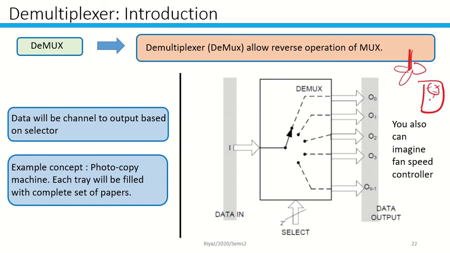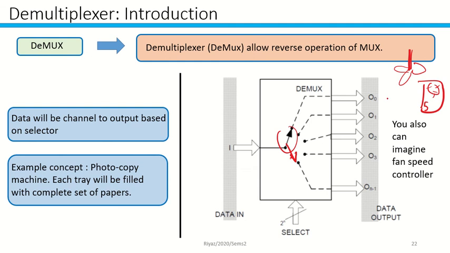So you can select, I need a very high speed. Let's say you set number 5. So this will change to this part, and then your speed will be increasing to number 5. Your fan will be turning at a speed of 5.